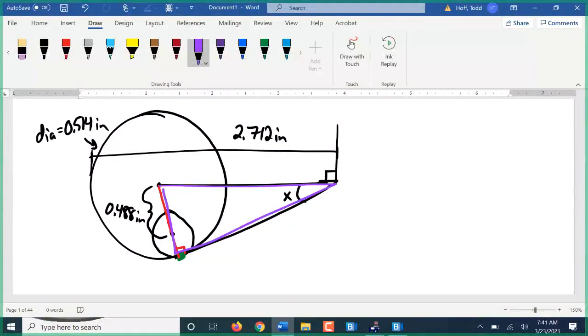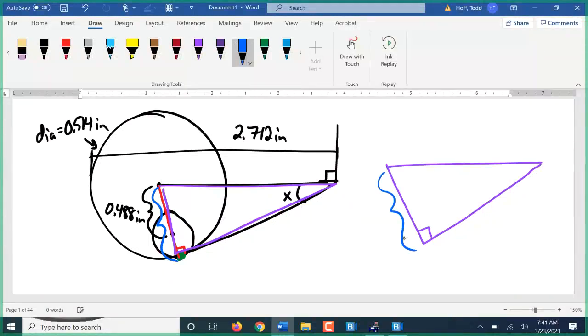Well, first off, this distance right here, all the way across, if I redraw that triangle over here, that's this side right here, is just a radius of this big circle.